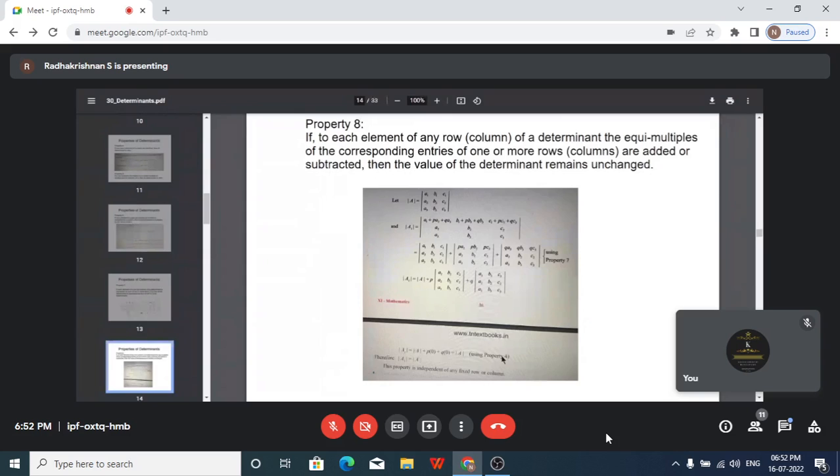Next property: if to each element of any row or column, equimultiples of the corresponding entries of one or more rows are added or subtracted, then the value of the determinant remains unchanged. Let me explain a bit.